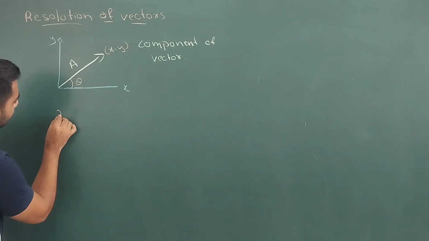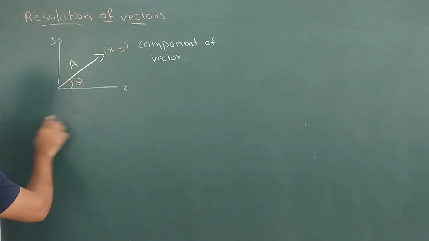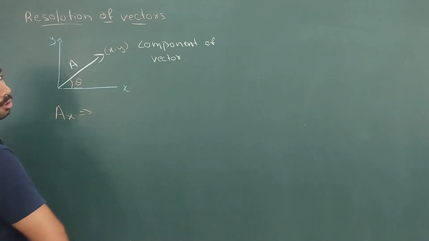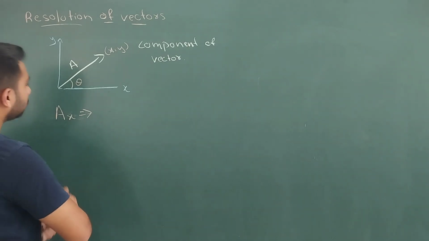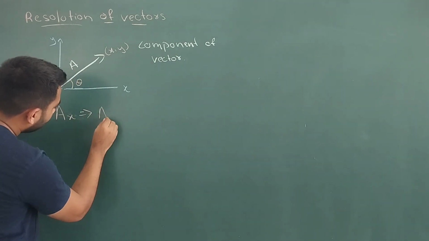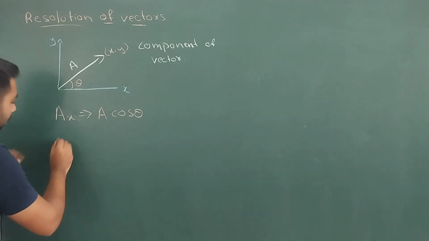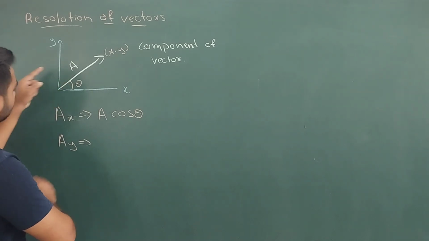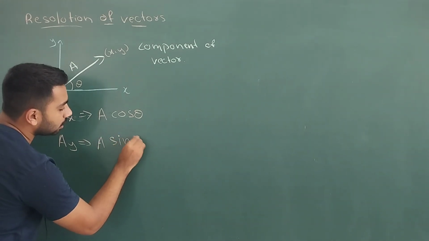The x component of the vector is a cos theta, and the y component, opposite to this side, is a sin theta.